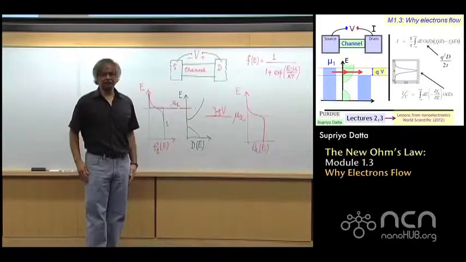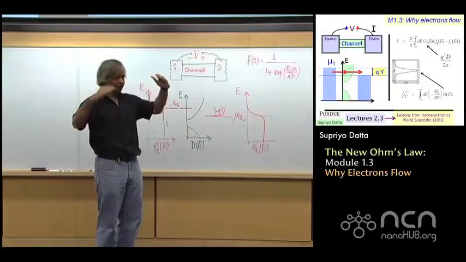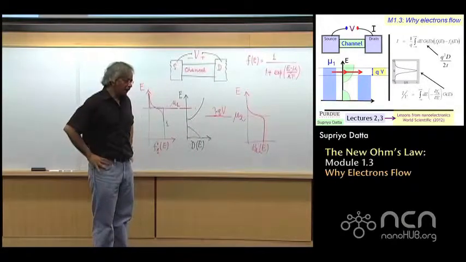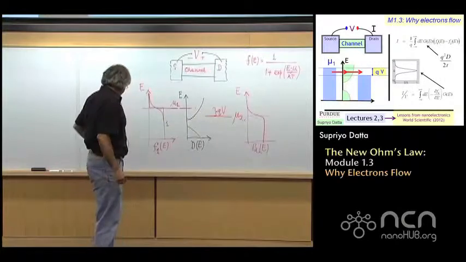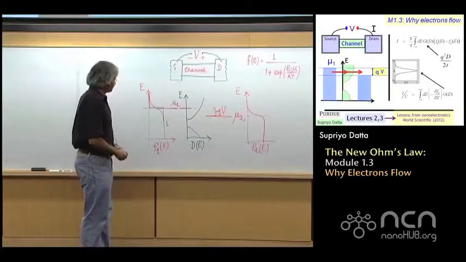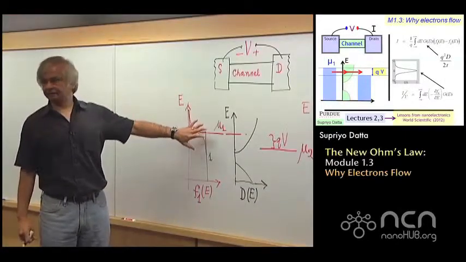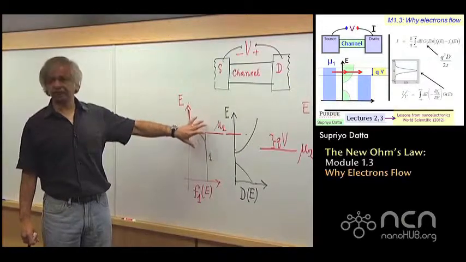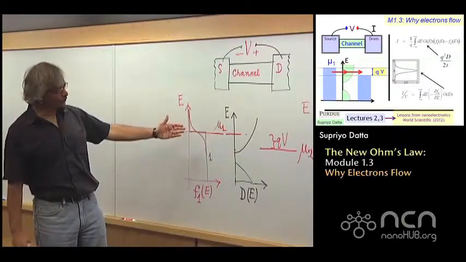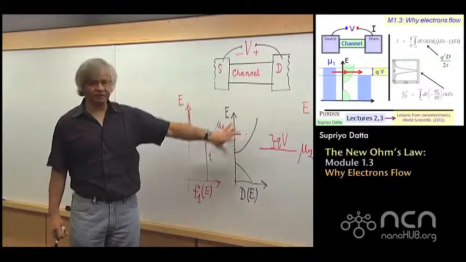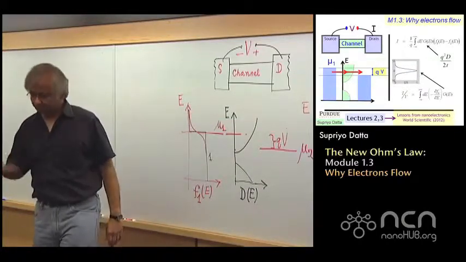Now, why does current flow? When you apply a voltage, current will flow. And why does it flow? Well, the argument goes something like this: the left contact would like to bring the channel into equilibrium with itself.